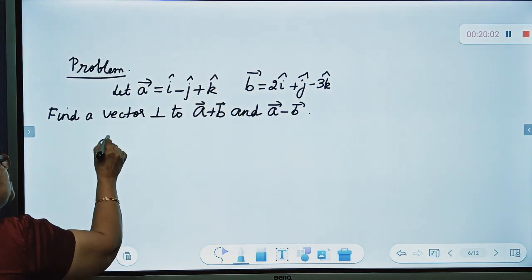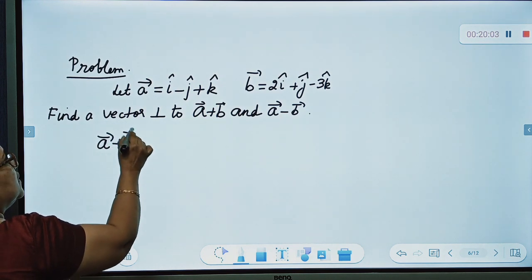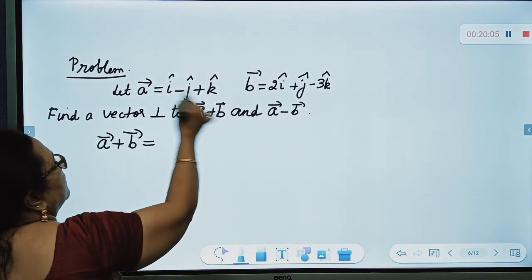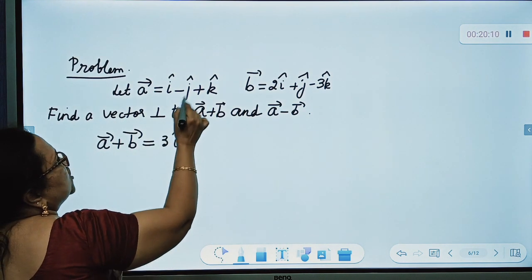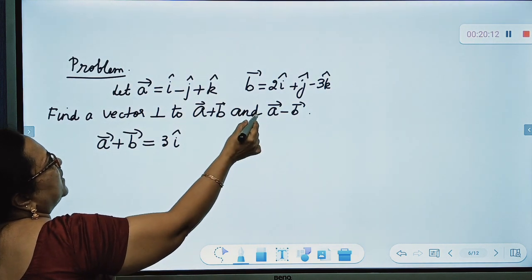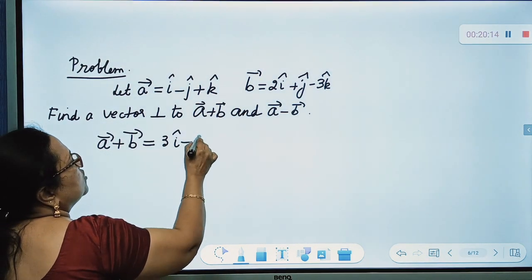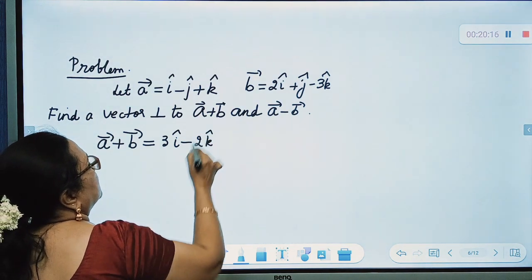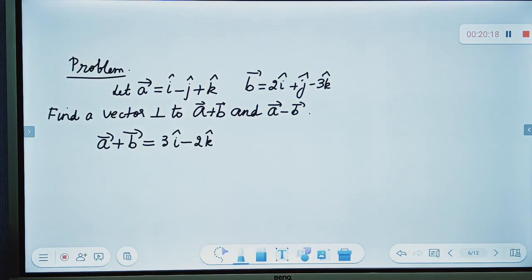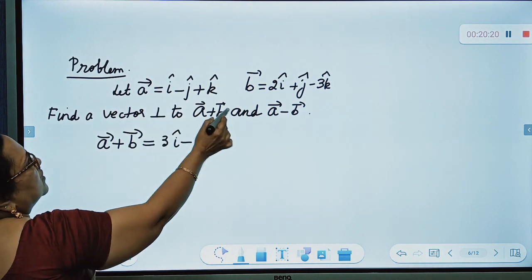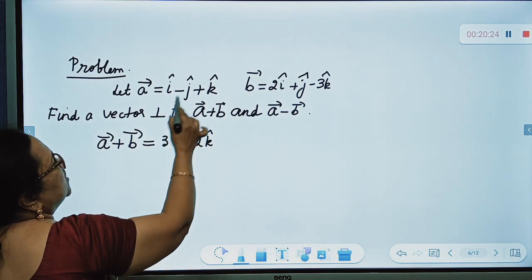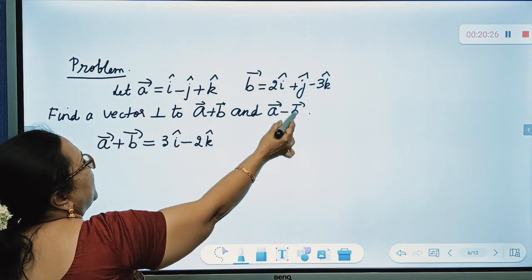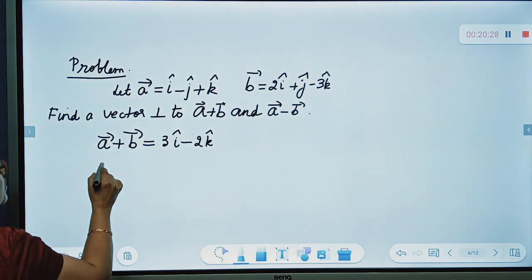Now, a plus b will be, just add the vectors component wise. I will get 3i, j gets cancelled, minus 3k plus k will give you minus 2k. So when I am finding a plus b, 2i plus i, 3i, minus j plus j gets cancelled, minus 3k plus k is minus 2k.